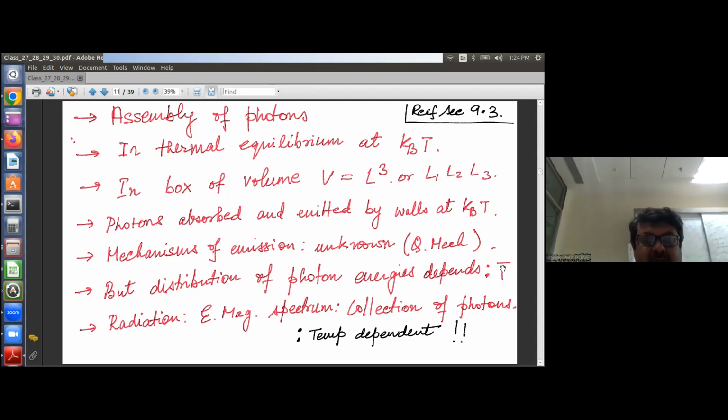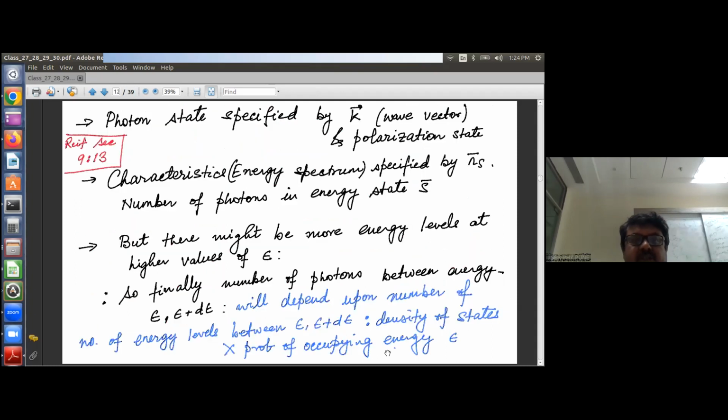Yes, and we are considering radiation, the electromagnetic spectrum, a collection of photons. So we shall say that the photon state, from Reif section 9.13, can be specified by the wave vector and moreover the polarization state.